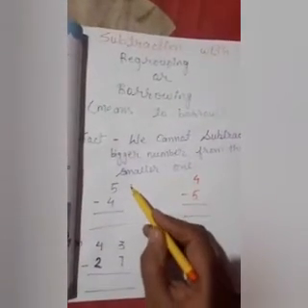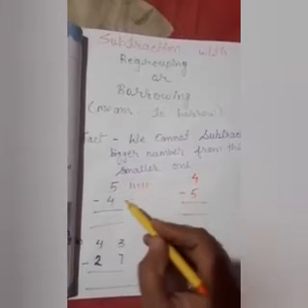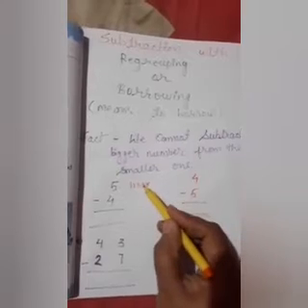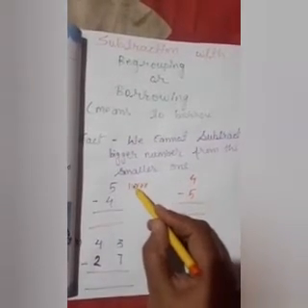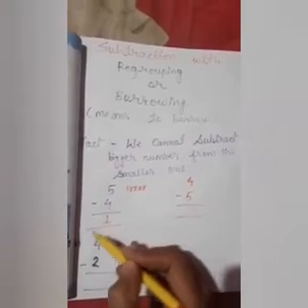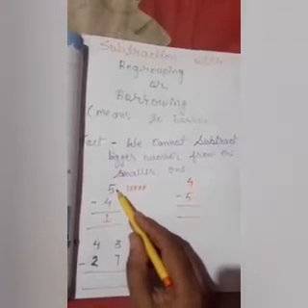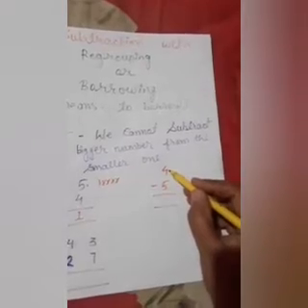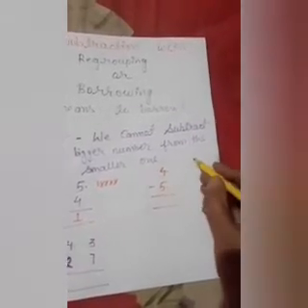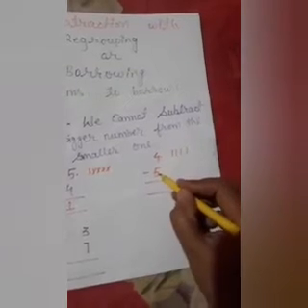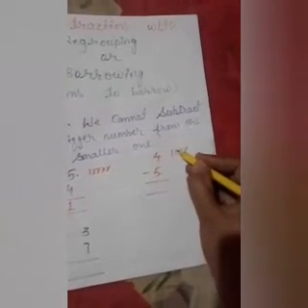Let's see, we can subtract a smaller number from a bigger number. We have 5. We will draw 5 sticks and we have to subtract 4 sticks. We will cut 4 sticks. 1, 2, 3, 4. We get 1 stick. But now we have 4 sticks and we have to subtract 5. 1, 2, 3, 4.